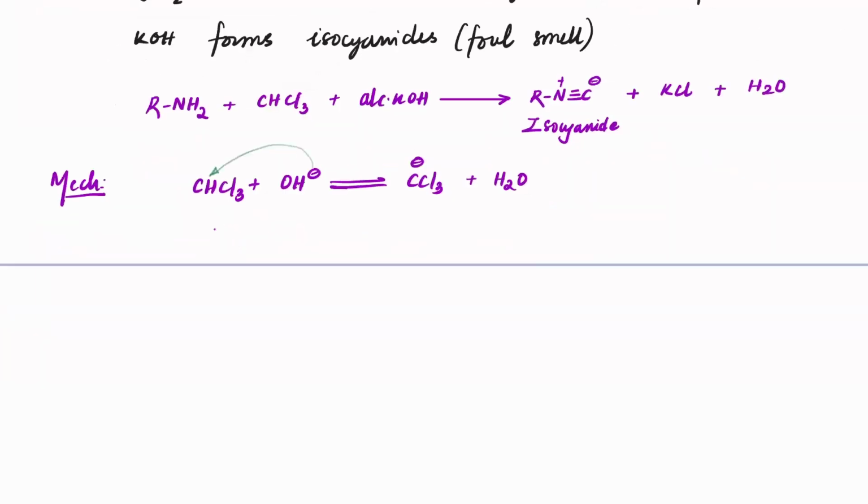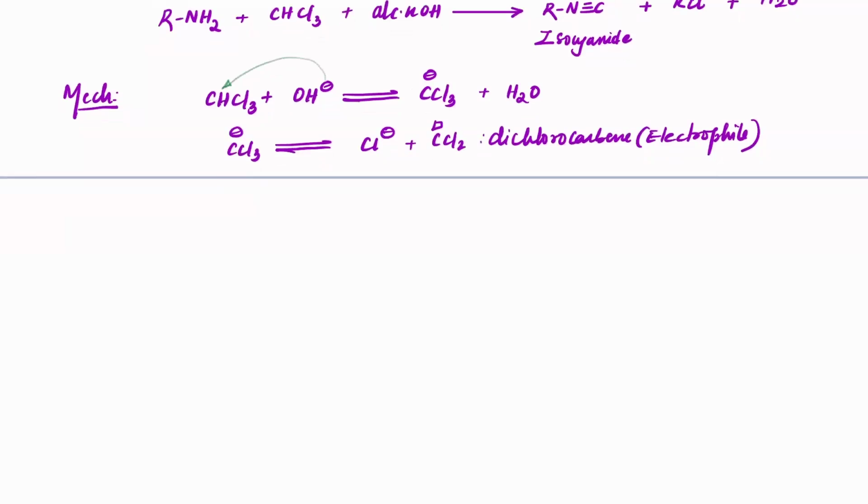CCl3 minus will not remain stable, it will form Cl minus and CCl2. CCl2, which is dichlorocarbene, is an intermediate, an electrophile intermediate, or simply I'll write it as electrophile. So what is the next step here?